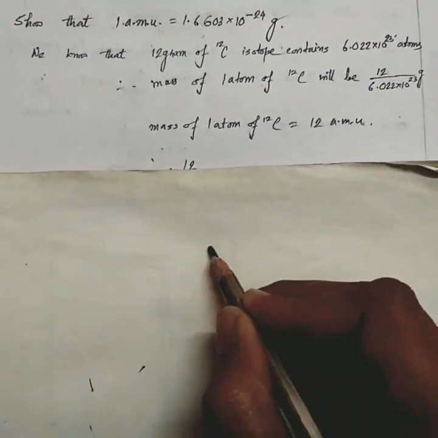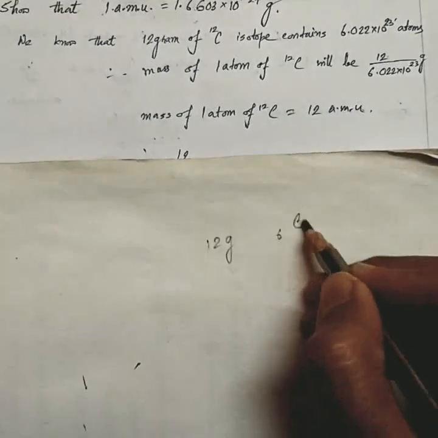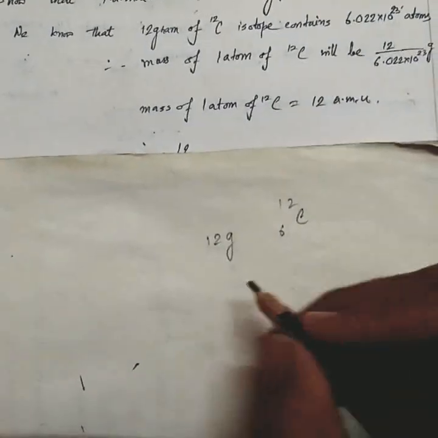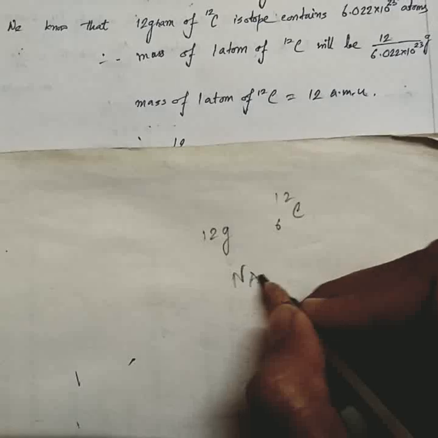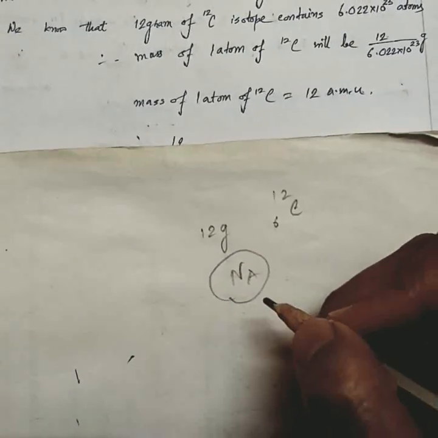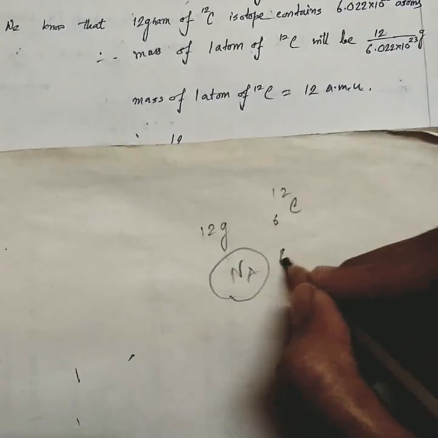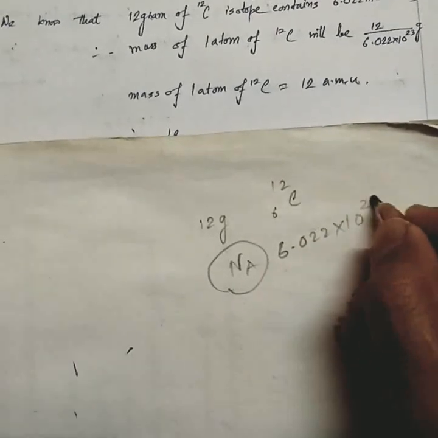We have seen that if you take 12 grams of 6C12, that is C12 isotope, it will contain Avogadro number of atoms, that is 6.022 into 10 to the power 23. This number of atoms will be there.